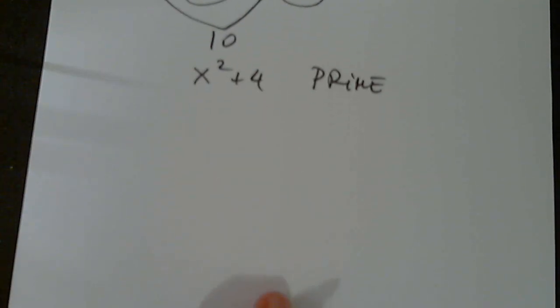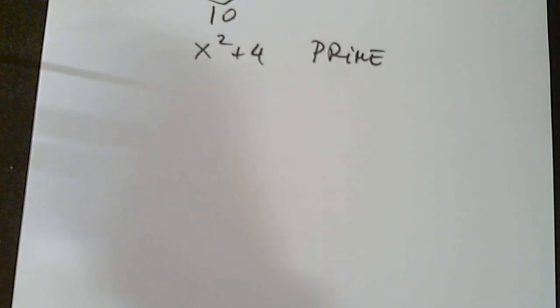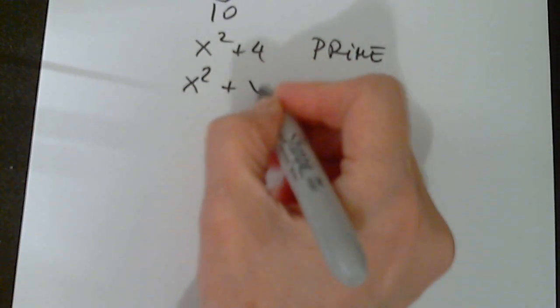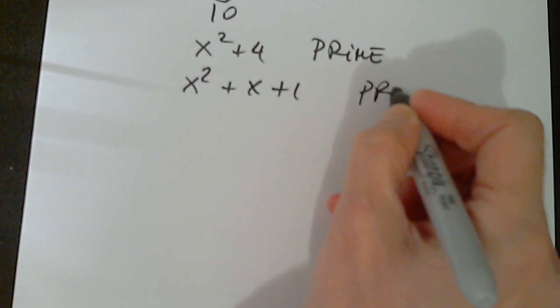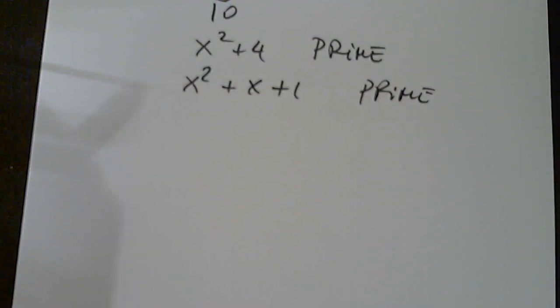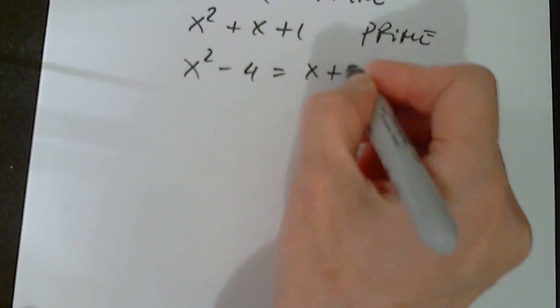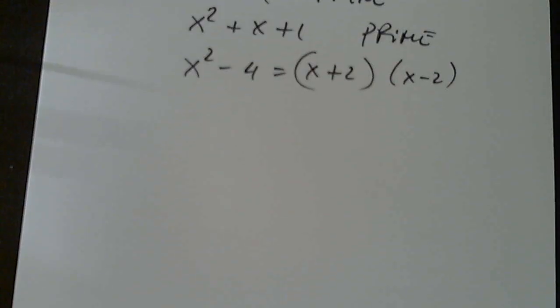So basically, when it doesn't factor out, that means it's prime. Yes. X squared plus x plus 1 is prime. You cannot factor it in any way, shape, or form. For example, x squared minus 4 is (x plus 2)(x minus 2), because it's a difference of squares, but the sum of squares is prime.